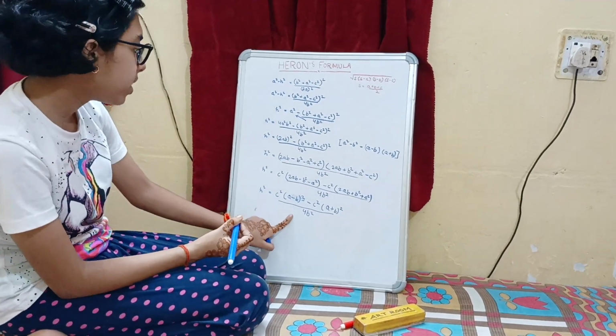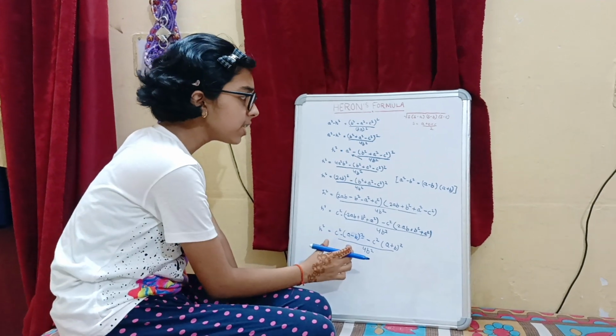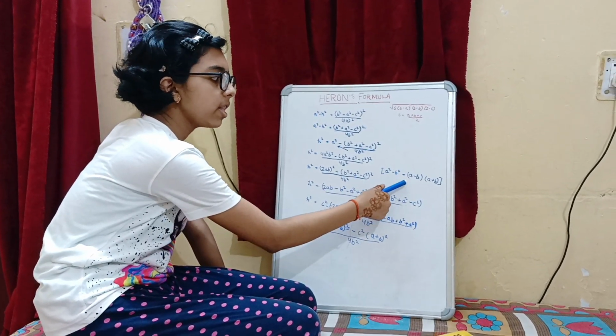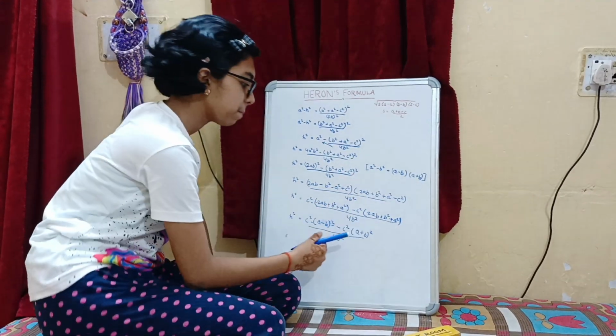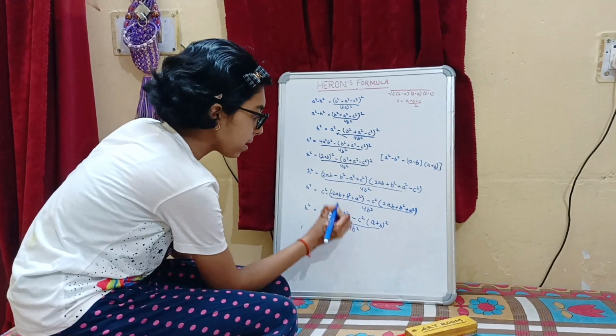Now here, as you can see, it is again making the pattern of a square minus b square, that is (a minus b)(a plus b). So here a is c and b is a minus b.